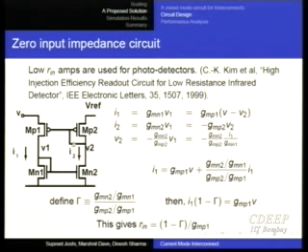There is one thing that you see. Notice that there is a VTN plus root 2I by k drop here, source to gate, and VTP plus root 2I by k here, so VTP plus 2 root I by k here if the two currents are the same. As a result, this voltage is constrained to be the same as this voltage.